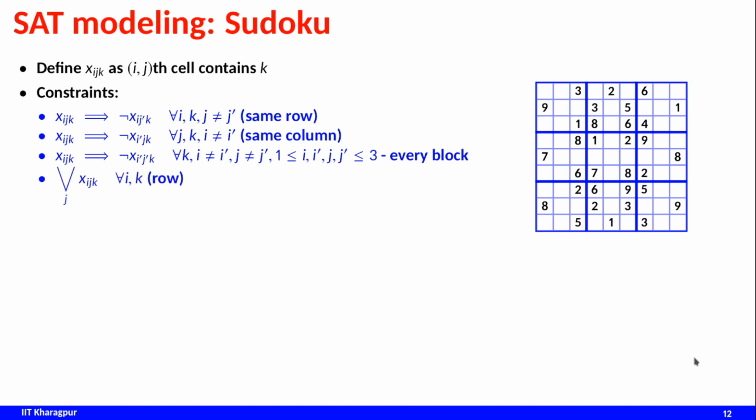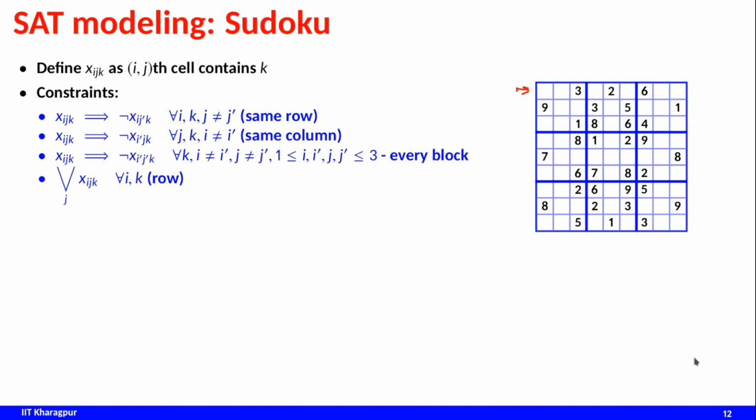The thing is, again, we have to ensure that if I choose the number k, then it should belong to each row. So we can say that for every row and every k this logical OR should be 1, because if I look into this row, k should appear.